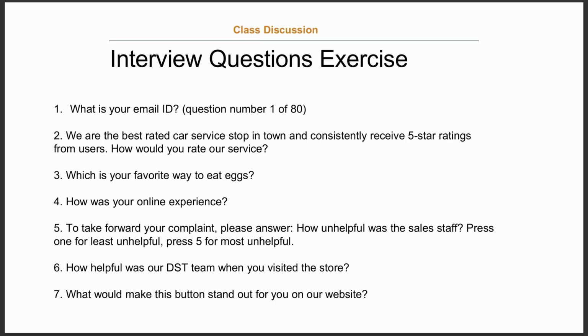You're painting it in a negative light, and it is confusing. 1 for least unhelpful, 5 for most unhelpful. So how do I really rate or scale this? Like, most unhelpful, what is that? It's hard to answer, and I can't even tell what being unhelpful really means.